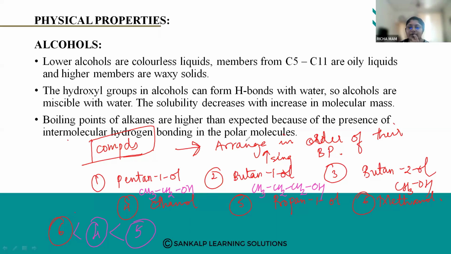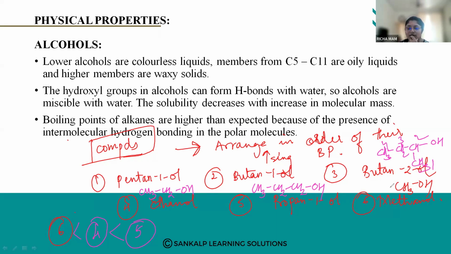After propanol, you have butanol, butan-1-ol or butan-2-ol. First will be butan-2-ol, because it is isomeric, so it will have a branched structure, CH3CH2CH(OH)CH3, with carbons 1, 2, 3, 4.